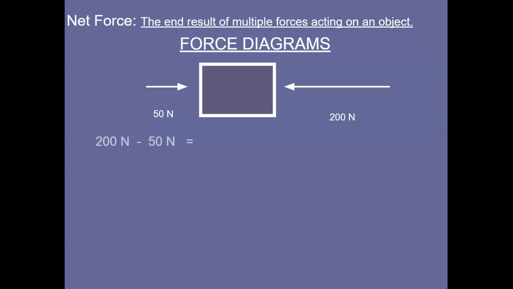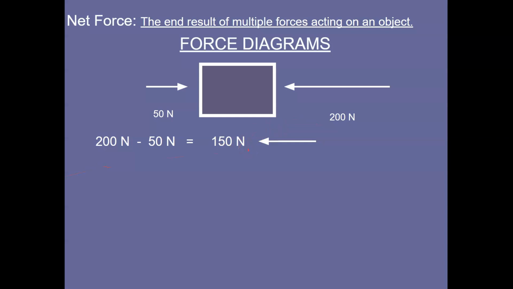So in this case, if I took the 200 newtons of force and subtracted away the 50 newtons of force opposing it, I would have 150 newtons of force left over, and it's going to be moving in the left-hand direction. So in a force diagram, to represent what is happening with motion, we want to be able to see how much force is left over and the direction in which motion will occur.